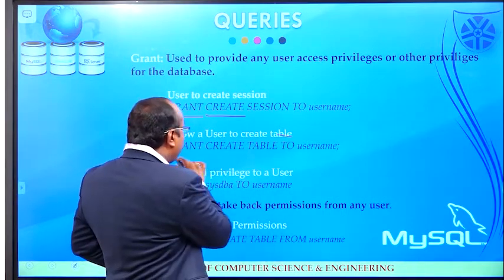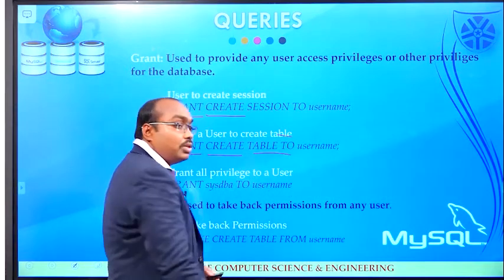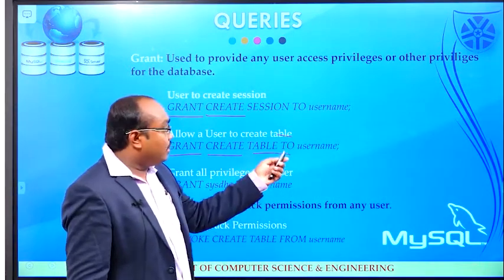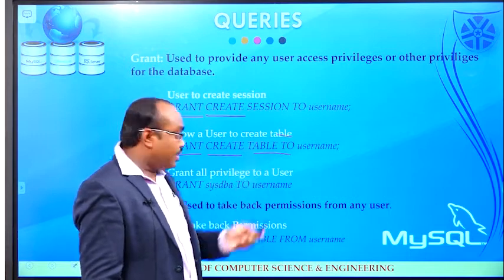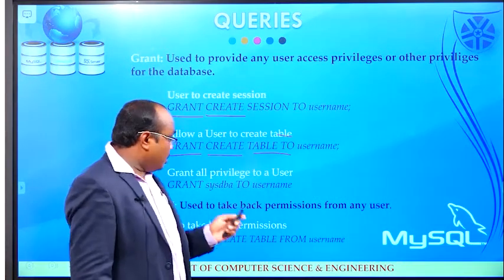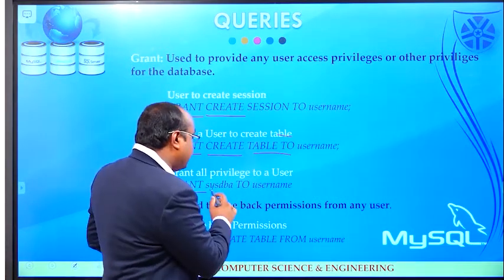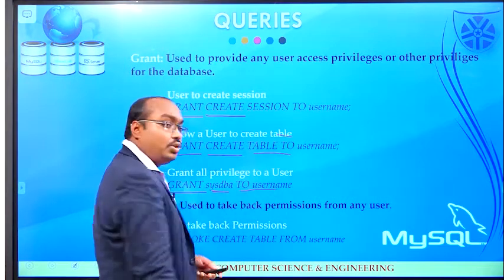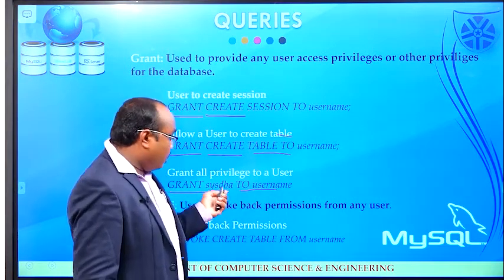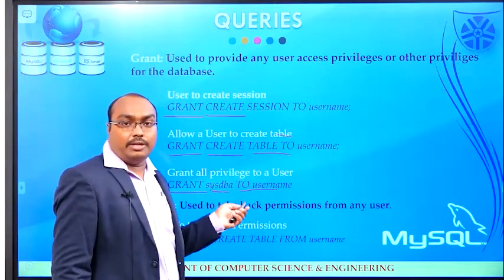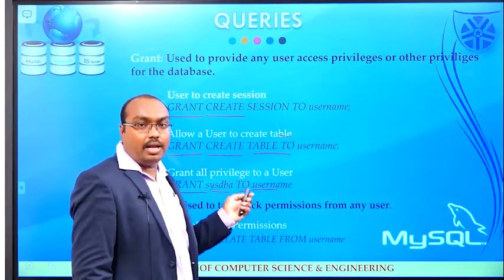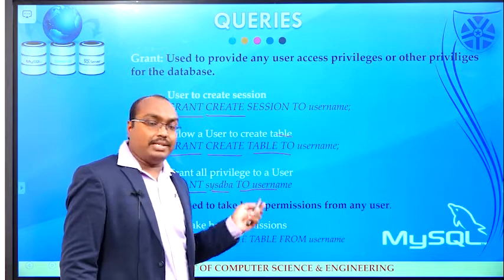And the next one, grant create table. So I am giving privileges to the users for the create command. And grant sysdba to the username. Here it will give all the system DBA permissions, all the system DBA privileges.